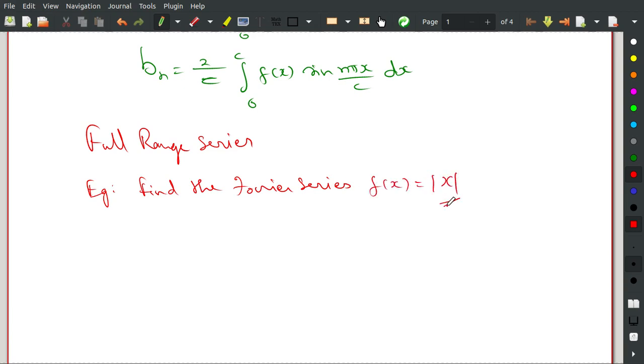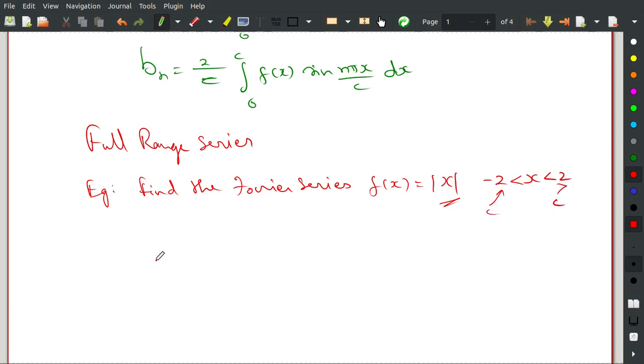This is an important thing, mod x has a different property. It is defined in the limit minus 2 less than x less than 2. So let's try it. This is a full range series, and our c is this one.